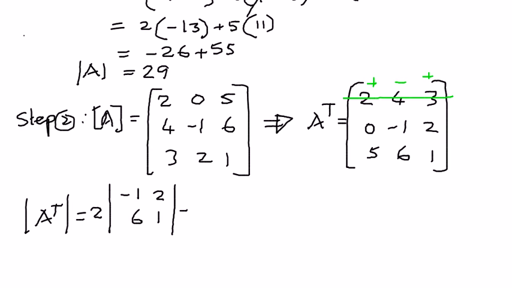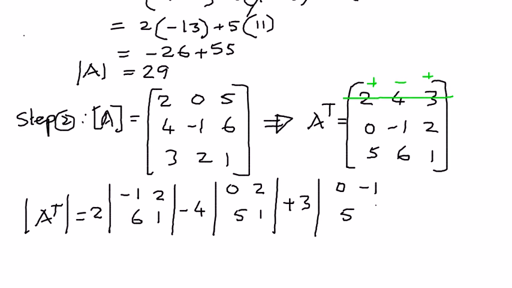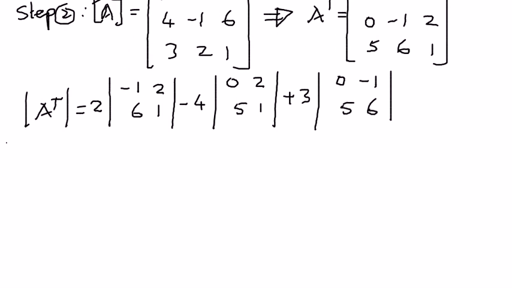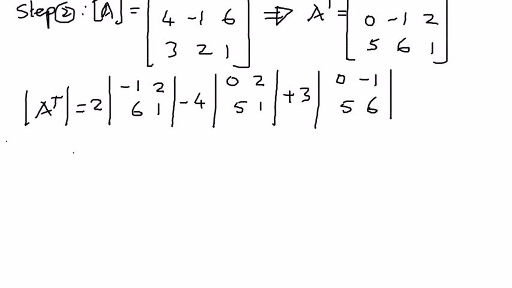The second element is 4, and it takes on a negative sign because of the sign convention, and the minors of that are 0, 2, 5, and 1. The third element is 3, and the minors of that are 0, -1, 5, and 6. So let us expand this using our determinants property and see what we get.